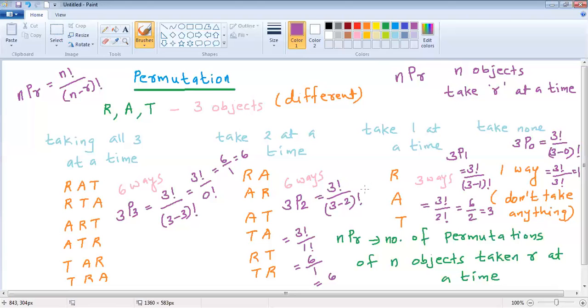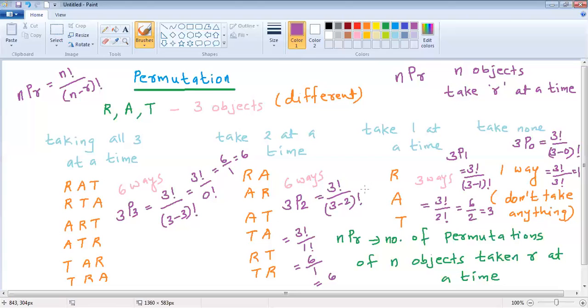So whenever the order is important, that type of arrangement is known as permutations. When the order is not important, it is known as combinations. Combinations के बारे में ज़्यादा हम आने वाले क्लास में डिस्कस करेंगे. So अभी तो I just told you the concept of permutations, simply arrangements.